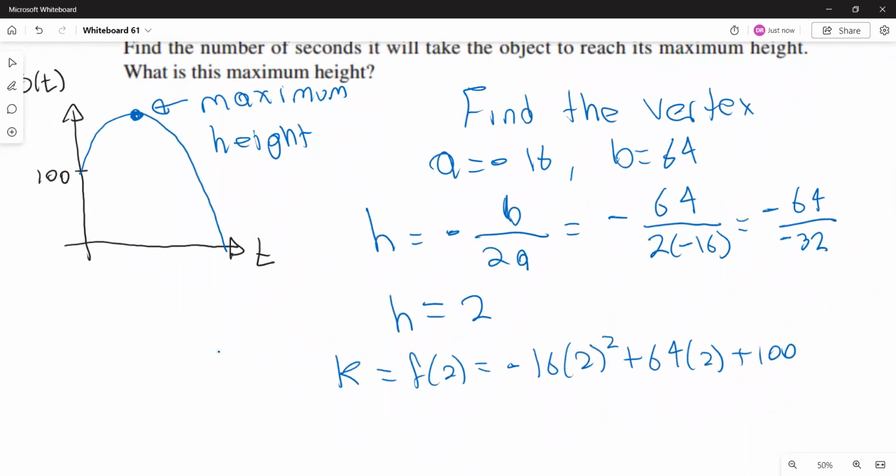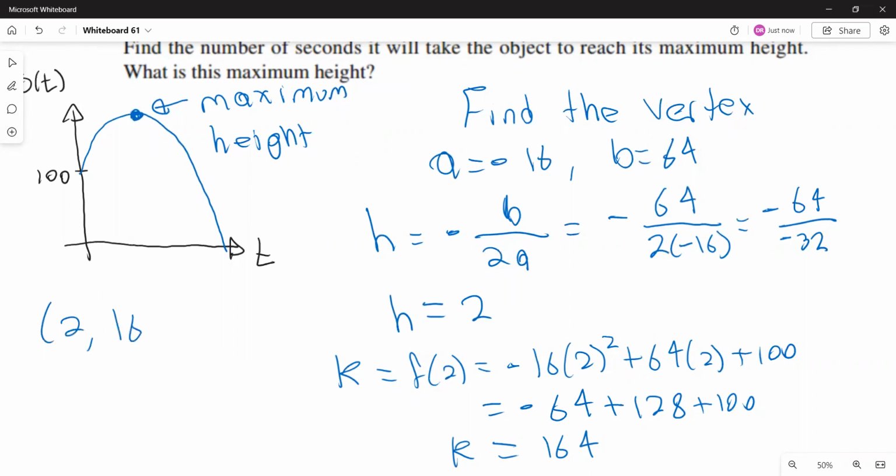2 squared is 4. 16 times 4 is 64. 64 times 2 is 128. So negative 64 plus 128 is 64. 64 plus 100 is 164. Okay, so we found the vertex. We know that the vertex is (2, 164), and that will answer the questions.